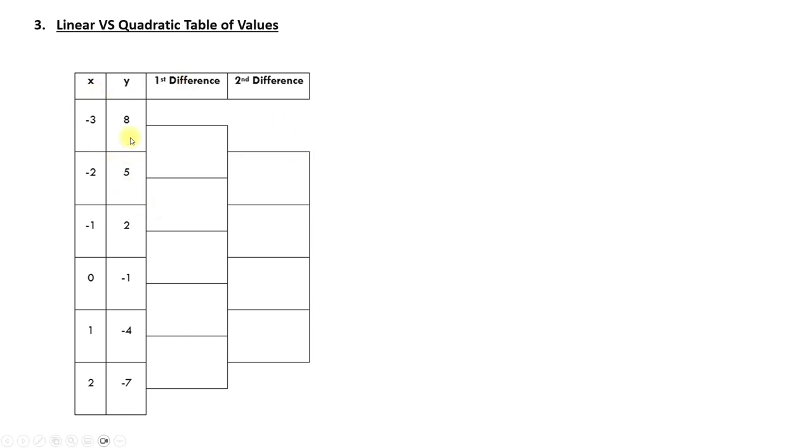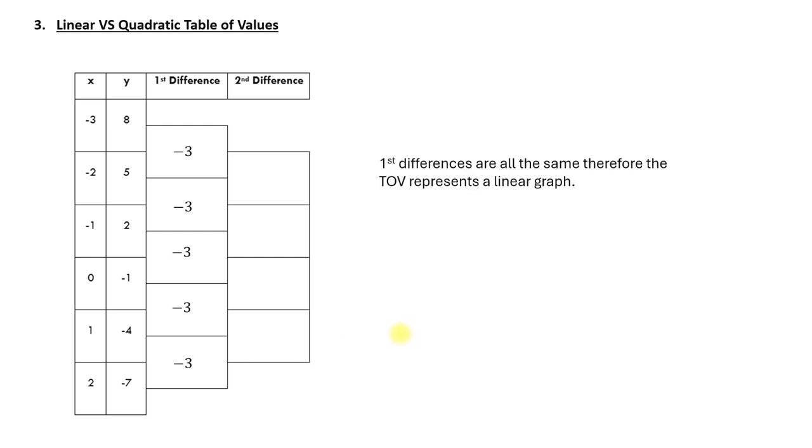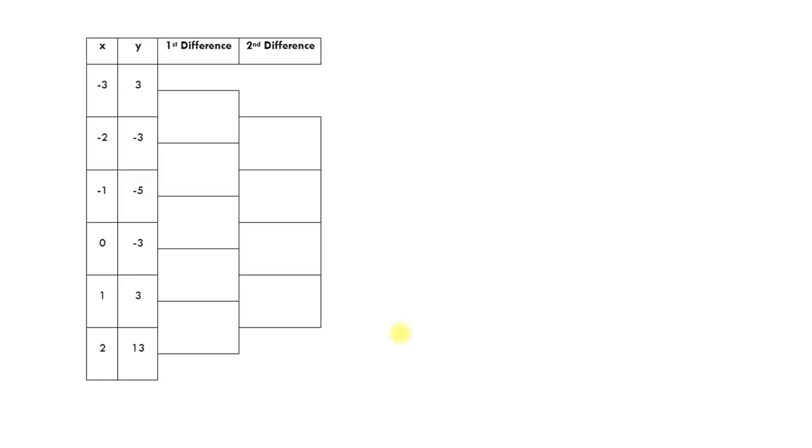So 5 minus 8 is -3. 2 minus 5 is -3. -1 minus 2 is -3, and so on. Each of the first differences is the same. And this tells us that we're looking at a linear graph.